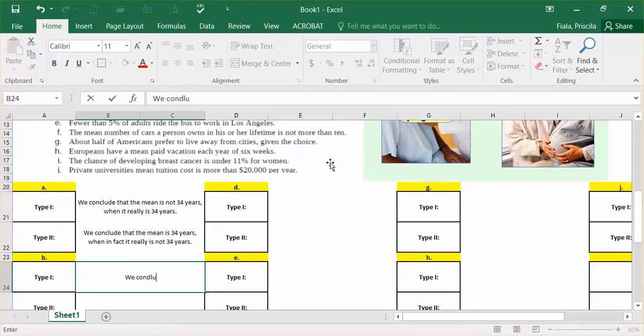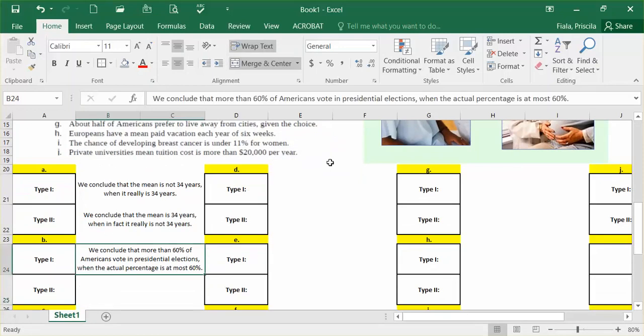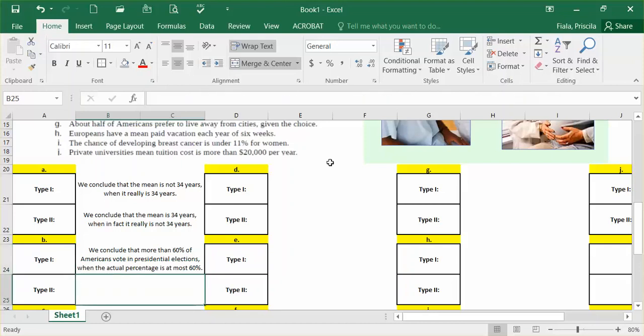Type 1 would be, we conclude that more than 60% of Americans vote in presidential elections when the actual percentage is at most 60%. So we said that the null is at most 60%. However, we concluded after we tested there is more than 60%. So we made a type 1 error.